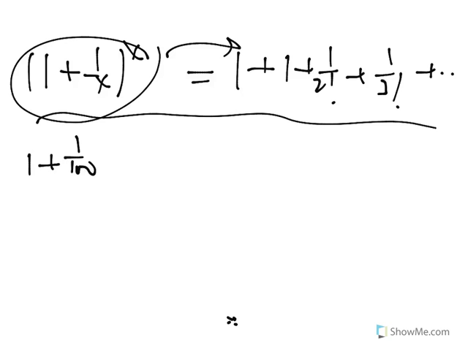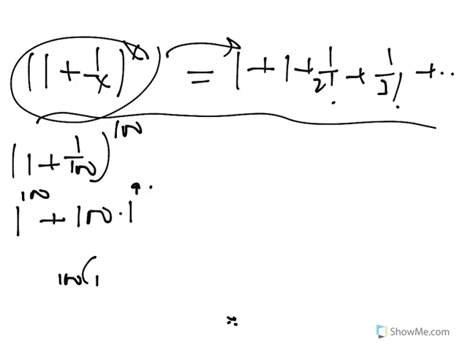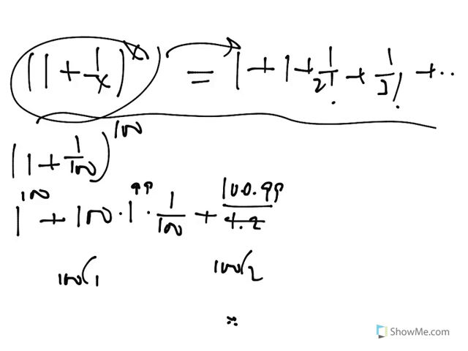If I make x 100 and I do binomial expansion, I get 1 to the 100th plus 100, that's 100 C1, times 1 to the 99th times 1 over 100, plus 100 C2, which is actually 100 times 99 over 1 times 2, or 2 factorial, I'll leave it as, times 1 to the 98th times 1 over 100 squared.